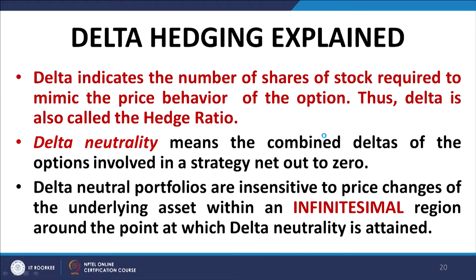Delta is the number of units of the stock that need to be included in a portfolio of calls, at an opposite position, in order to make a delta neutral or delta risk free portfolio. Now, so far so good, but I also mentioned that as the stock price changes, delta changes.